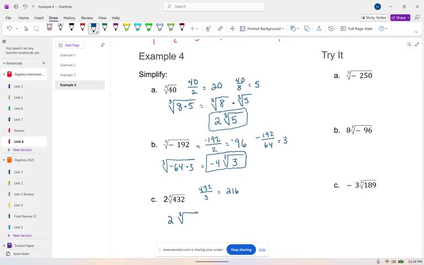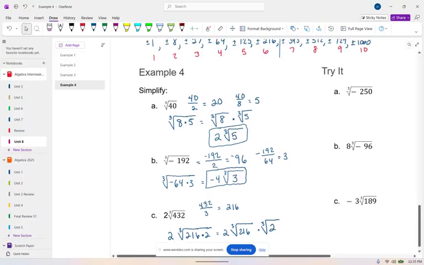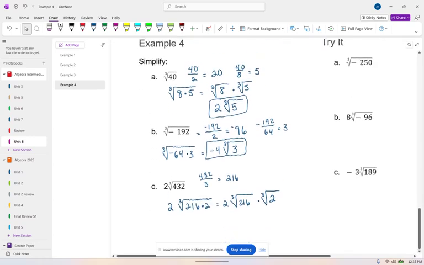Cube root of 216 times 2. This is going to be 2 cube root of 216 times the cube root of 2. And I can see that 216 is in the sixth position.